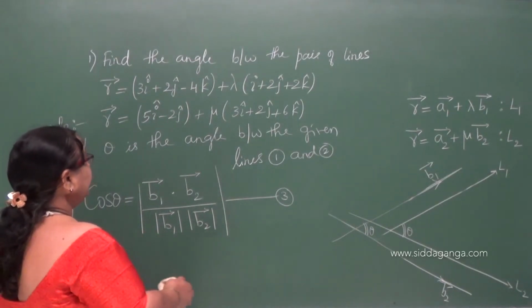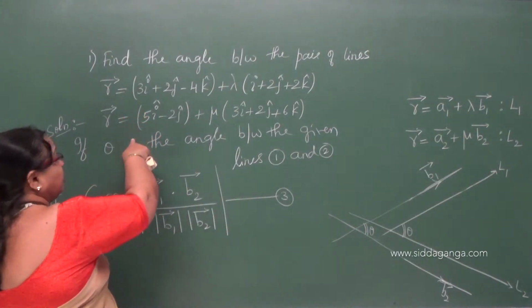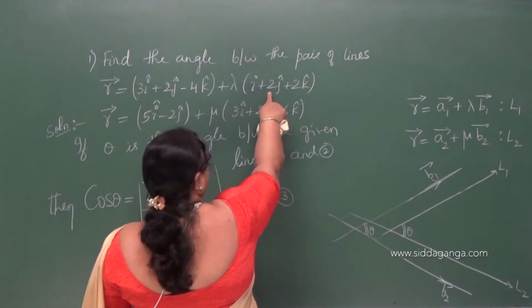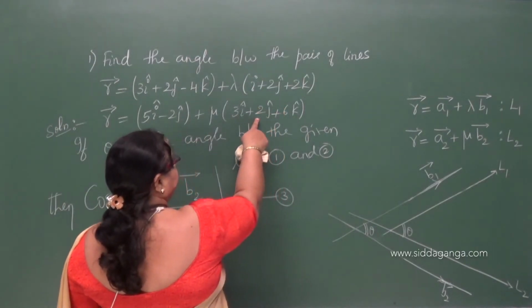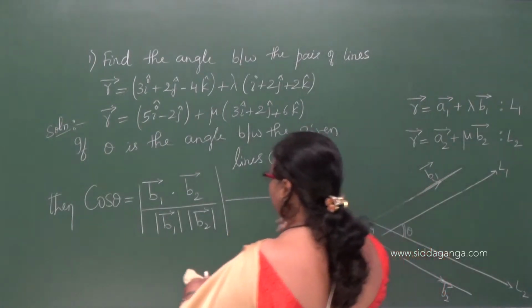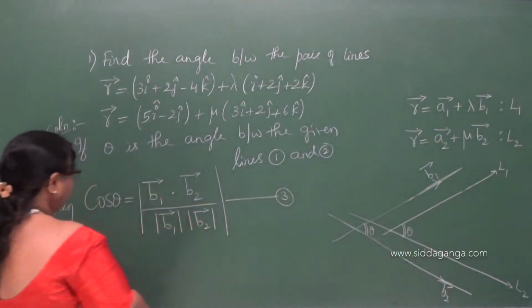Now in the given lines, we have to know what is vector b1 and what is vector b2. In the given lines, just note the figure, then you will come to know that.